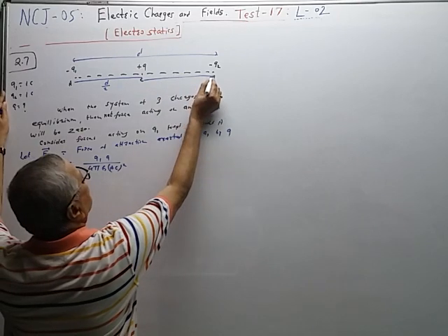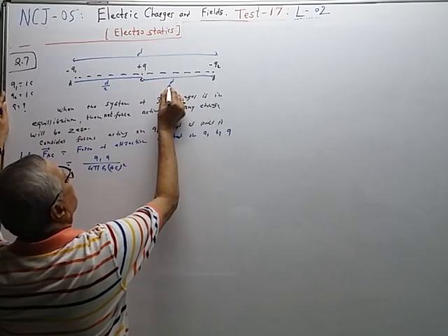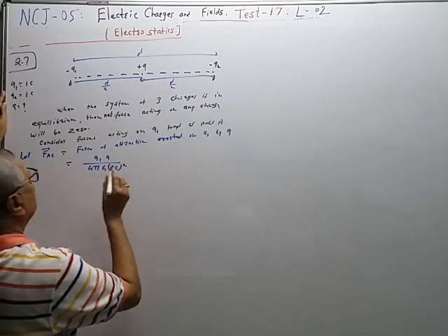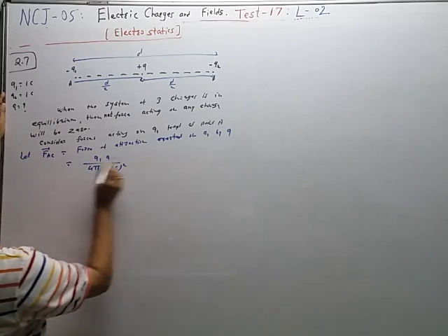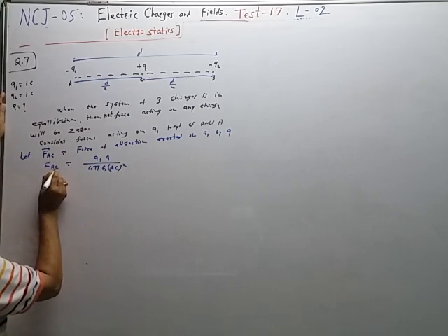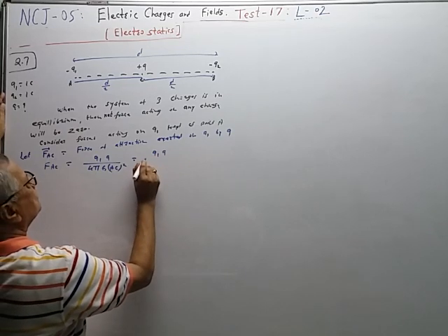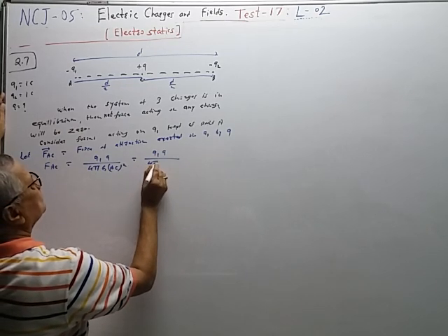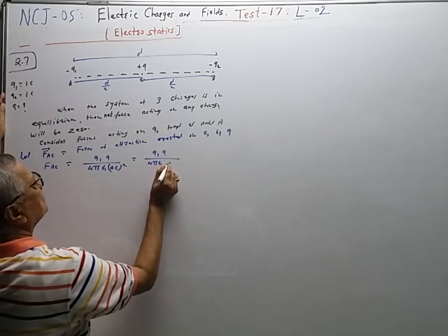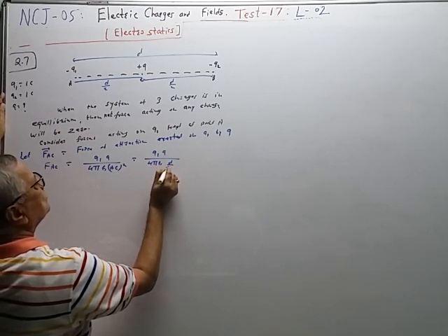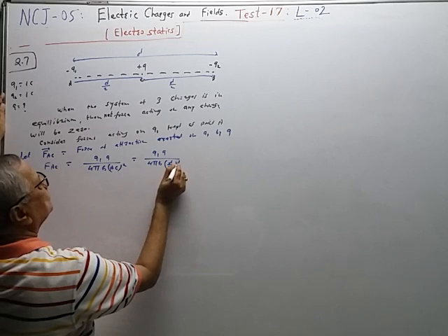The distance is also D by 2. So FAC is equal to Q1 into Q upon 4 pi epsilon naught D by 2 bracket square.